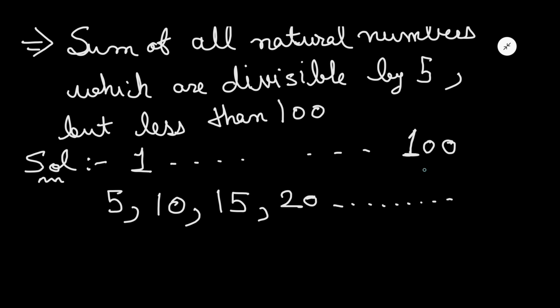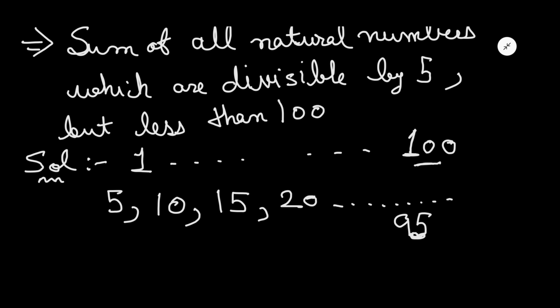If we see 100, 99 is not divisible by 5, 98 is also not divisible by 5, 97 and 96 are also not divisible by 5, and 95 is divisible by 5 because 5 into 19 is 95.